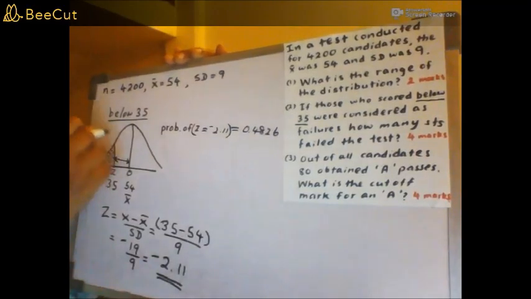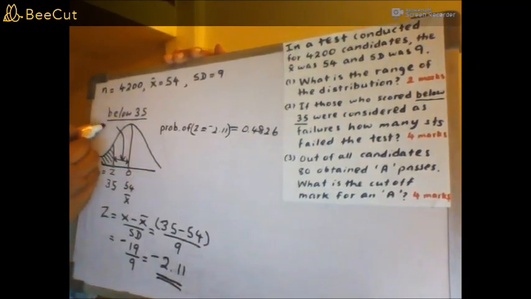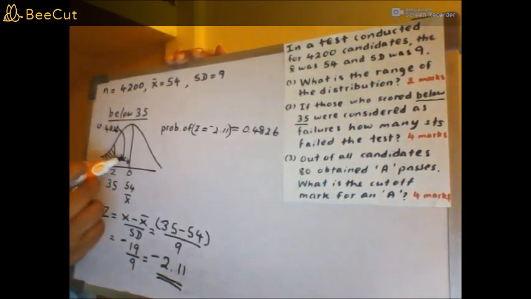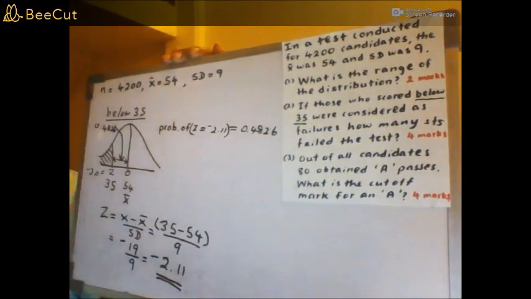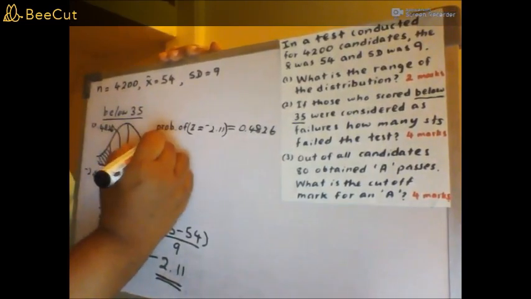Next, now we know this one. 0.4826. We have to find the probability of this. So we can write probability of the shaded area.